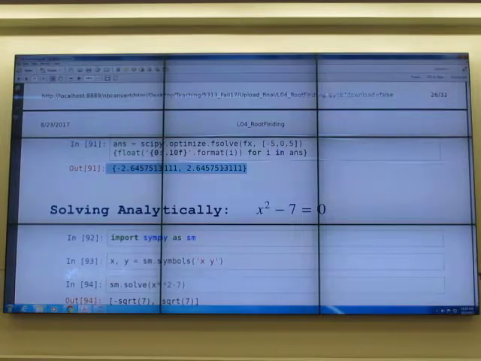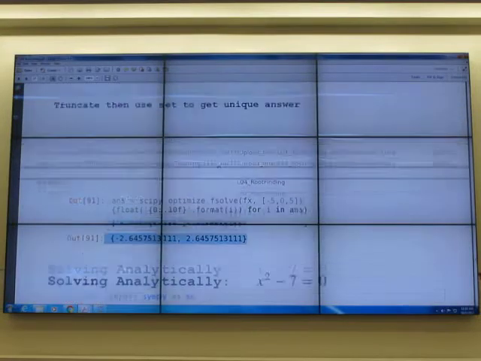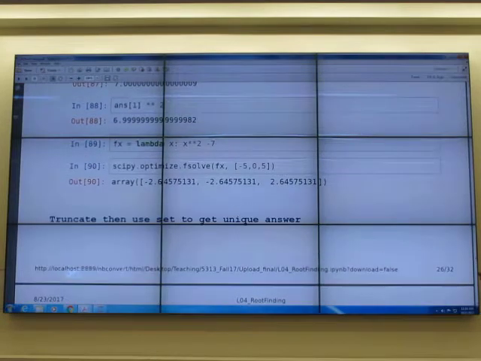But what I mean is, for a polynomial of degree 2, we should have 2 answers. Mathematically, we should have 2 answers. But fsolve gives me 3 answers because I have 3 initial guesses. Okay, how do I collapse from those 3 answers into 2 answers automatically? How do you do that?